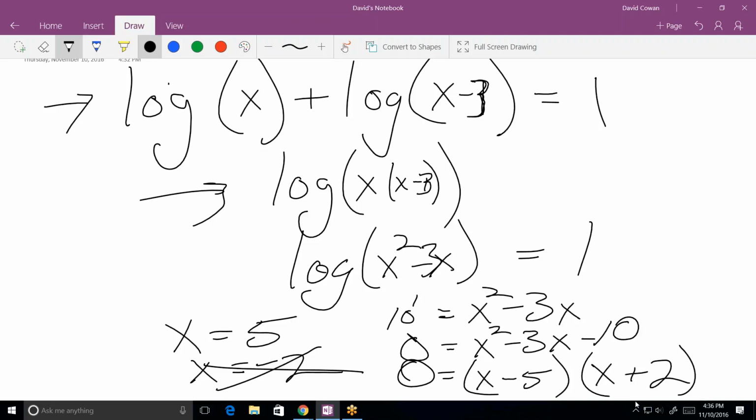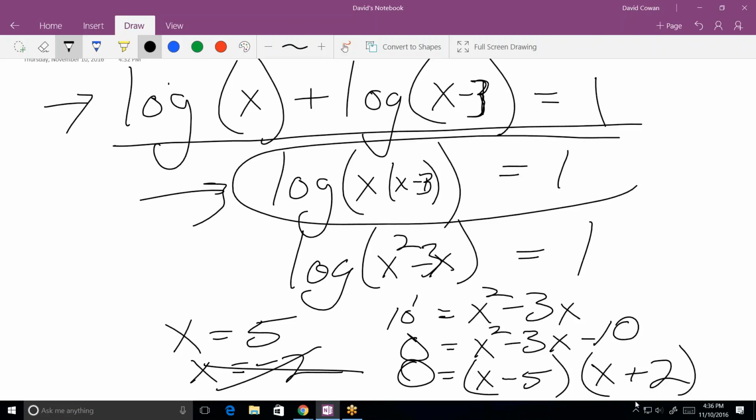That tells you a lot about logs. It tells you that that is not 100% identical to this. In other words, I violate the domain only when I go back to the original problem. I don't violate the domain when I go to the compressed problem.